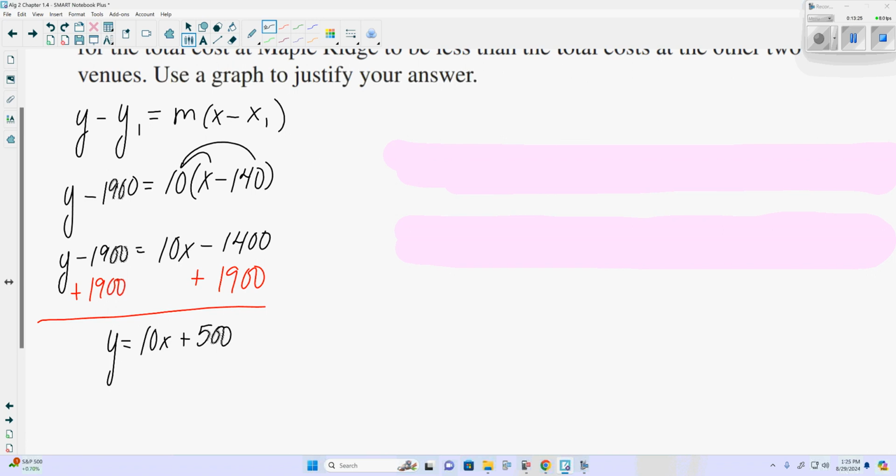Let's see when they're going to be the same, because after that point, Maple's probably going to end up being cheaper. Because it's starting off more expensive than Lakeside. The point they meet, they're going to be the same, and then afterwards, Maple's going to be less. So to do that, we can take Lakeside's equation, 12x plus 300, and set it equal to Maple's 10x plus 500.